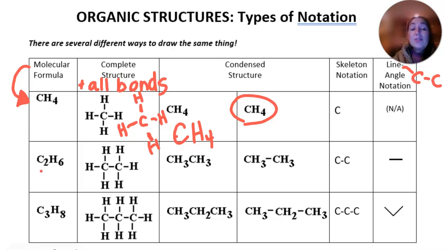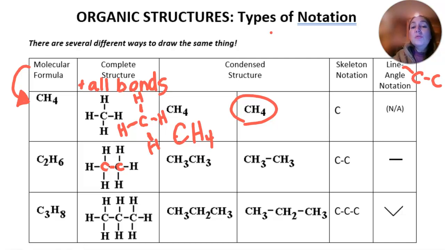But starting at C2H6, we can start to see the utility of these different structures. So if we're going to draw out C2H6, we draw out carbon bonded to carbon, and then we surround those 2 carbons with hydrogens. So they need to get surrounded with 6 hydrogens. There's always 3 hydrogens on every end carbon.